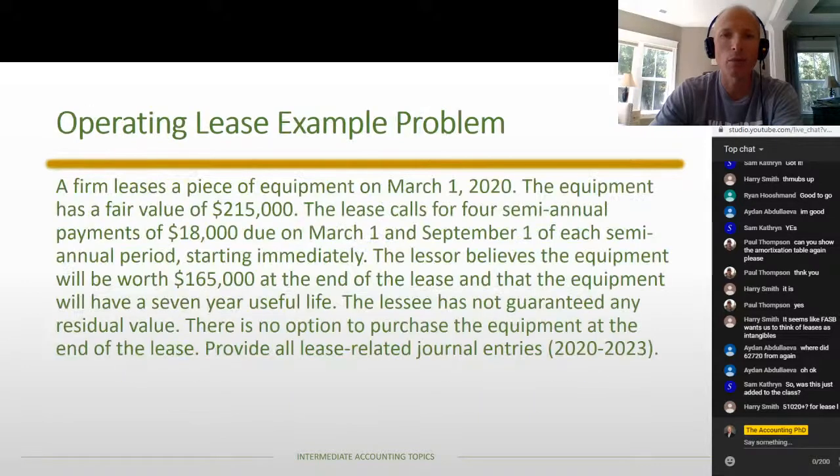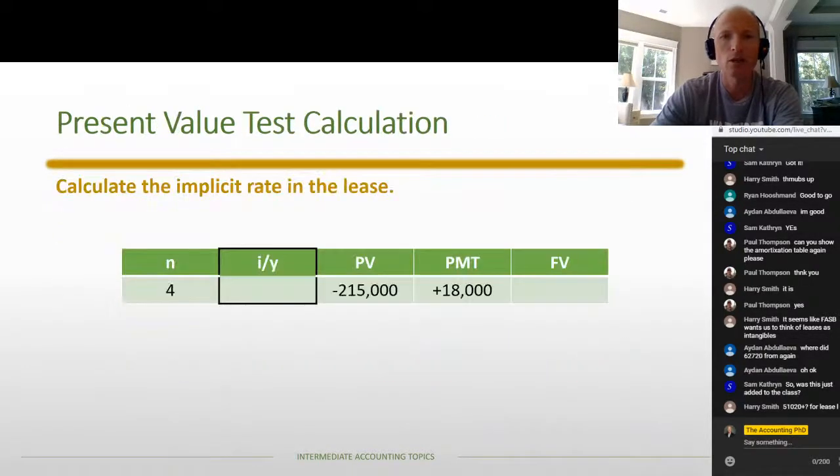Again, we take that from the problem. They believe that it has a fair value of $215,000. They are going to receive an $18,000 payment, and they believe the asset's going to be worth $165,000 when they get it back. And so again, 4 semi-annual periods. The present value is the fair value at the time the lease is signed, and again, we're adopting the lessor's perspective here. So when we solve for that, we get a semi-annual yield of 3.08%.